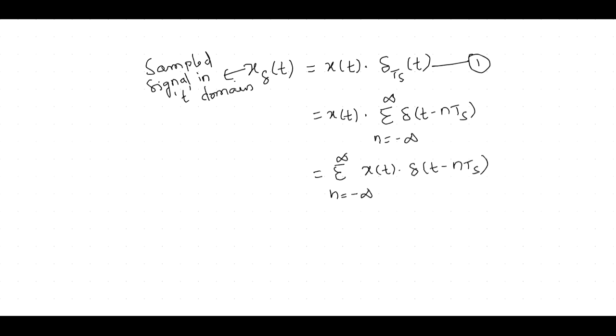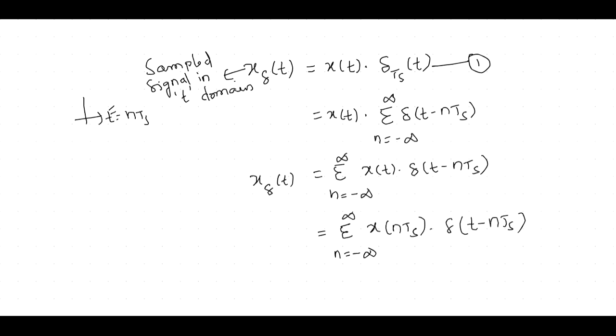But as I already said, in x delta of t on the x-axis, the signal exists only at t equal to nTs. For remaining values of t, the amplitude is zero. So we write this as summation n equal to minus infinity to infinity x of nTs into delta of t minus nTs. So equation 2 represents the ideally sampled signal in time domain.